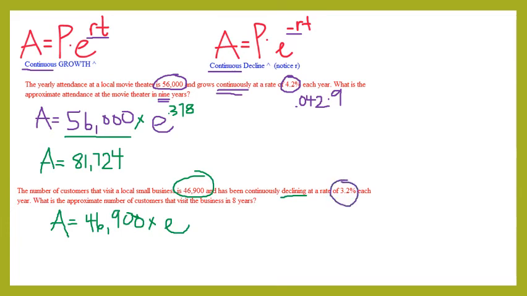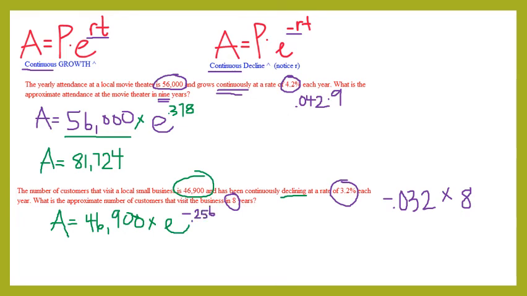So it's our negative rate times our time. So negative rate is negative 0.032 times 8. So I would punch that in your calculator off to the side. And I am showing an exponent of negative 0.256.